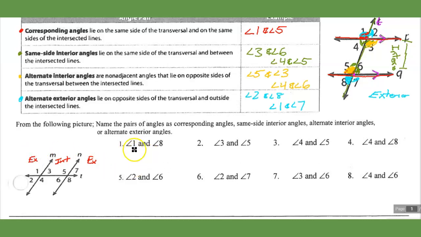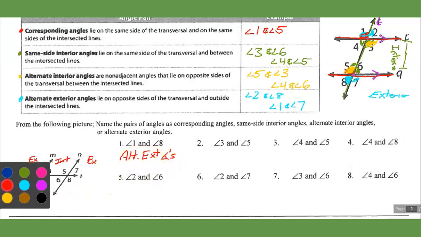Right away, 1 and 8 are on the exterior, or outside, of the parallel lines. And they're on alternating sides, one on top and one on the bottom, so that's how you get alternate exterior angles. I'm going to abbreviate it with alt ext angles.